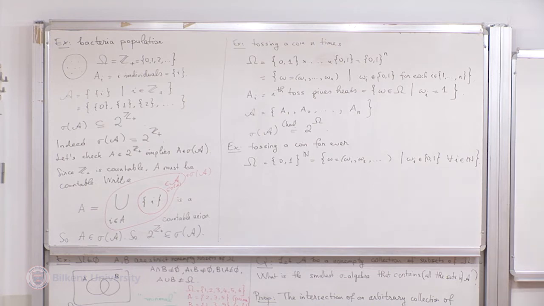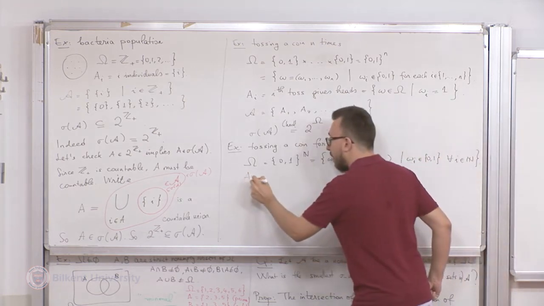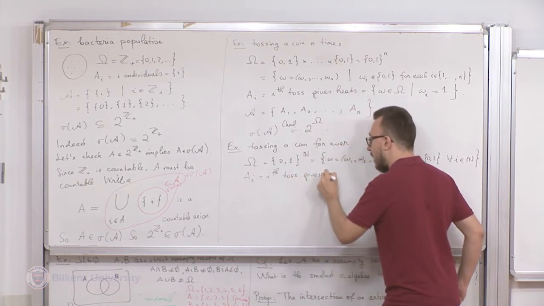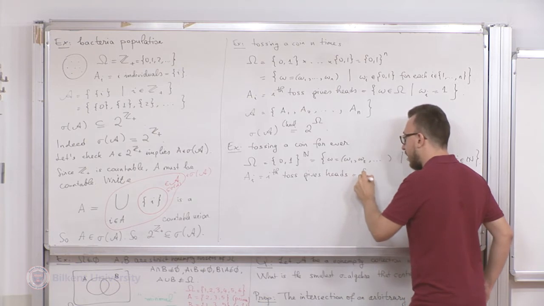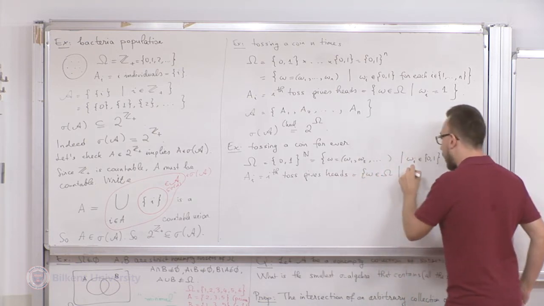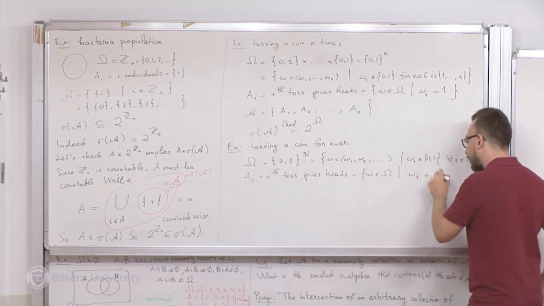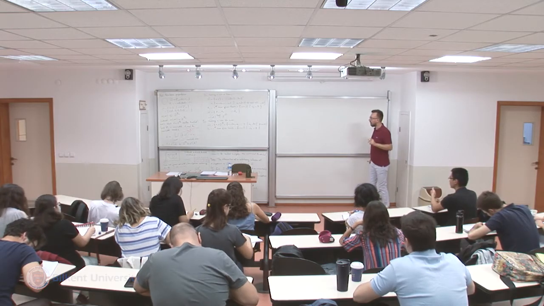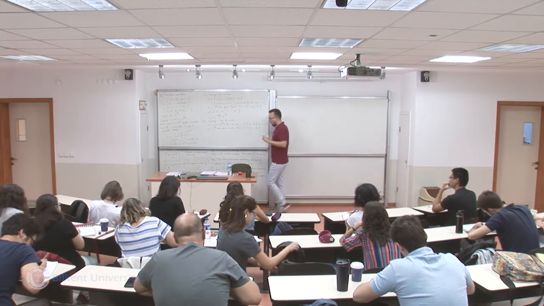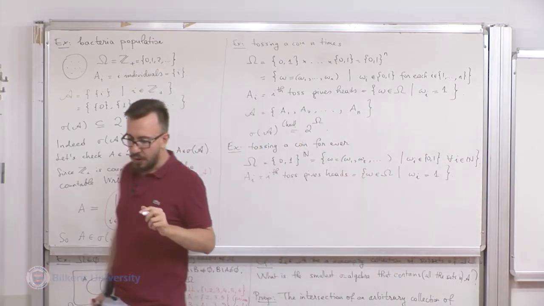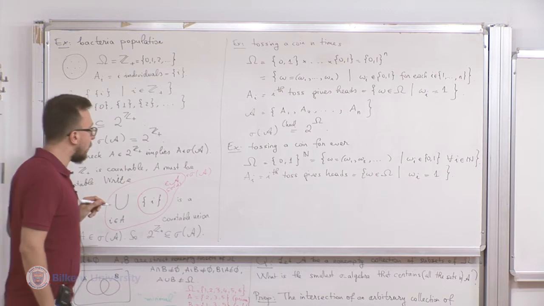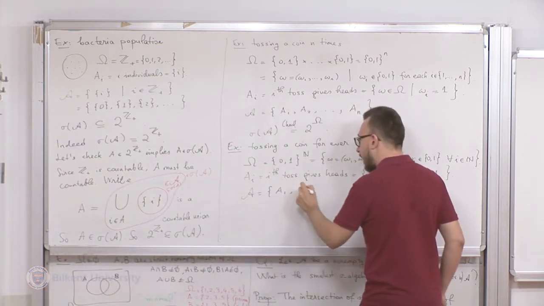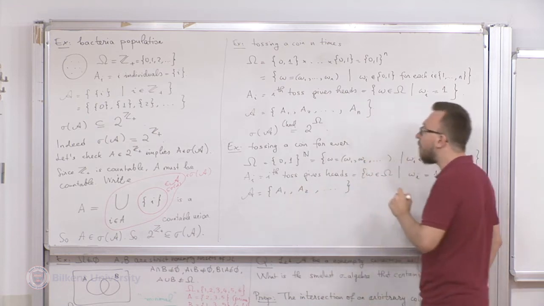Let's do the same. Let A_i be the event that the ith toss gives heads, meaning that this is the set of sequences for which the ith component is 1. Now define again script A as the collection of A1, A2, but now we don't stop.